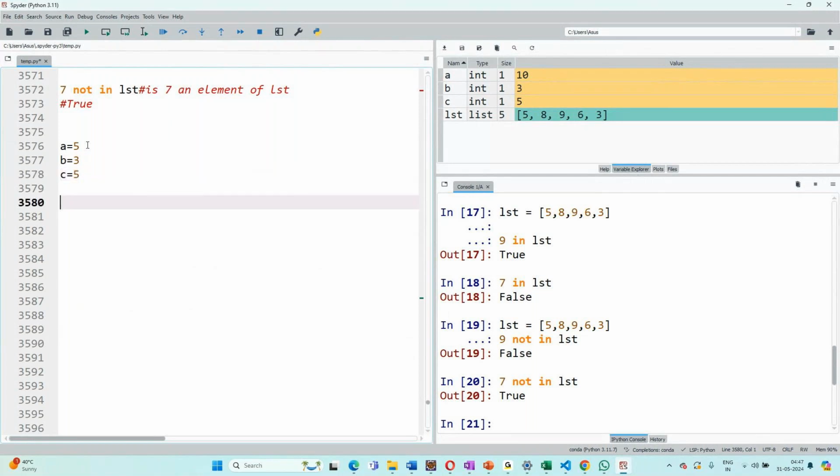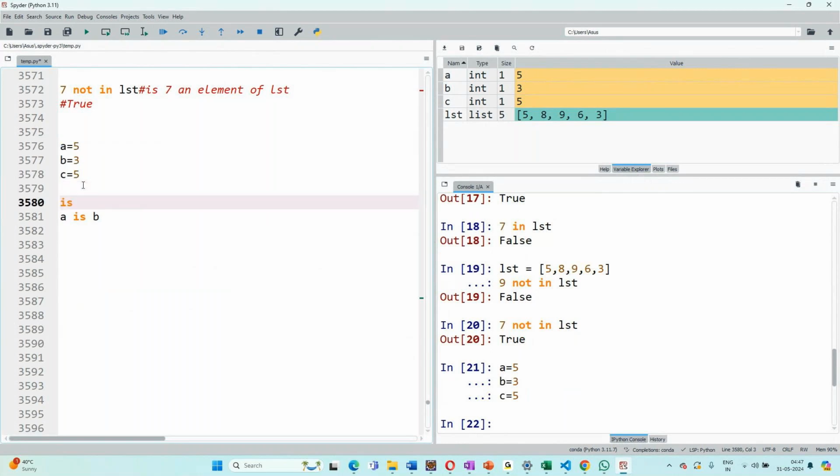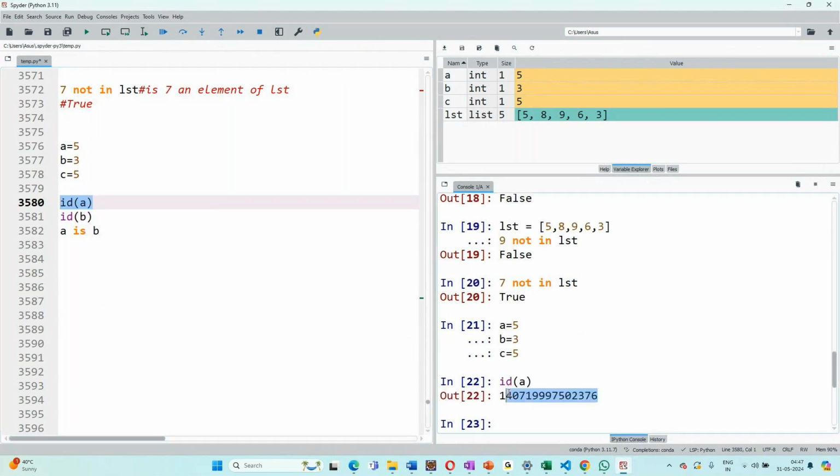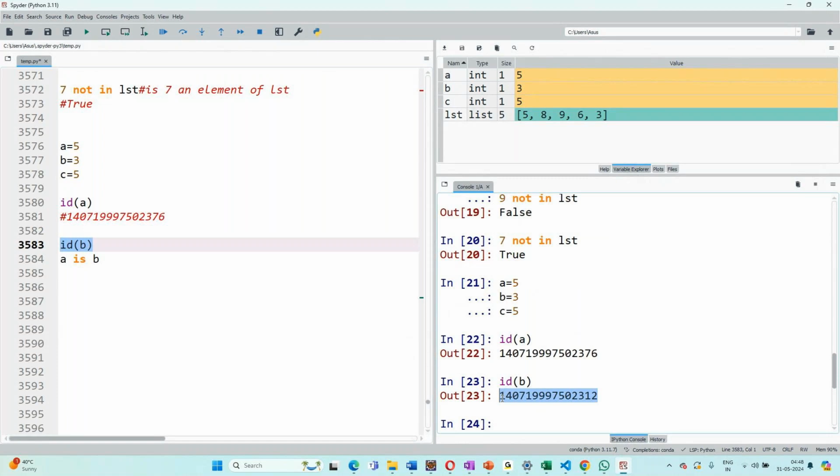A is B means we are comparing IDs. The ID of A is some unique number, and the ID of B is some other unique number.